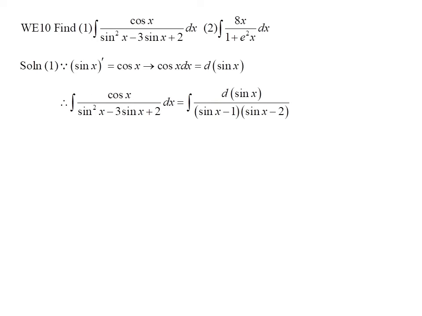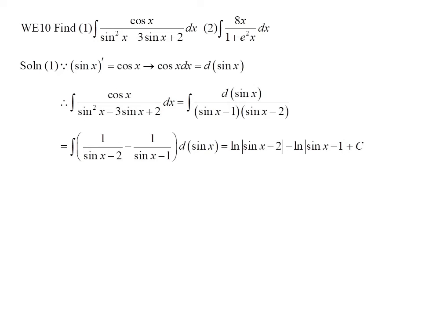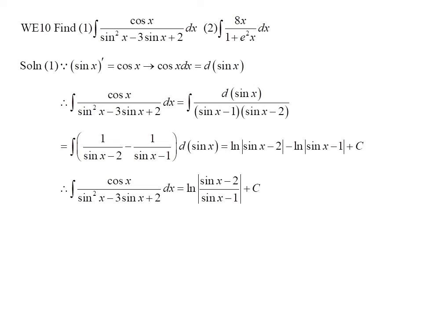Hence, the antiderivative is written to the integral of the reciprocal of the product of (sine x minus 1) and (sine x minus 2) d sine x, which equals ln of the modulus of sine x minus 2 subtracted by ln of the modulus of sine x minus 1 plus c, which can be simplified to ln of the modulus of the quotient of sine x minus 2 over sine x minus 1, then plus a constant c.